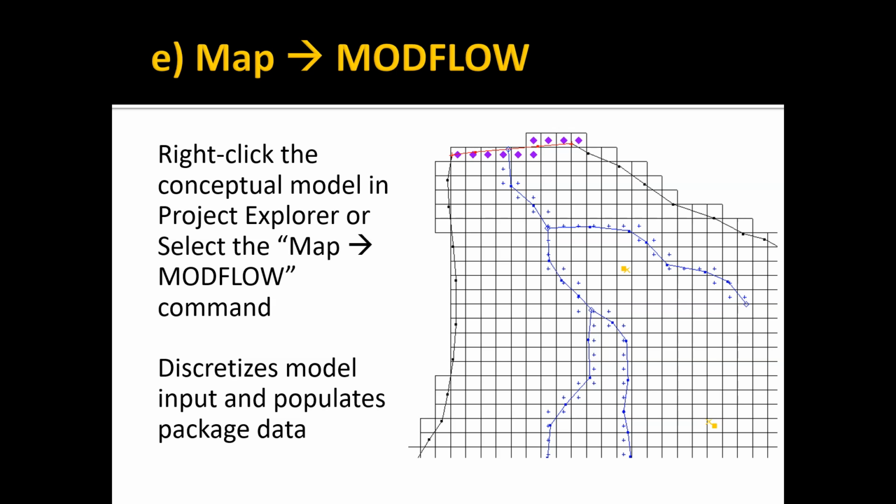You need to do that at some point in here if you're using the interpolation option. But again, the idea is that you define everything independent of the grid resolution, and then it'll automatically build your grid, activate the cells, and assign all the properties for you. And that is the conceptual model approach.